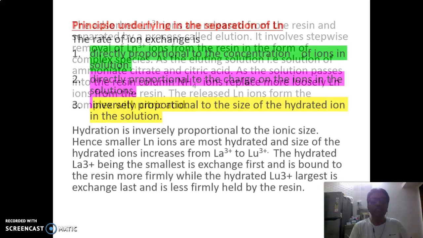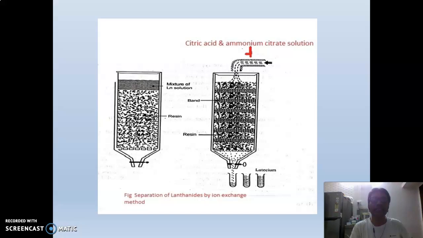Once again let us go to the diagram. I would like to explain this. See in this diagram, the eluent solution is added into the resin column. The proper eluent is the mixture of citric acid and ammonium citrate solution.